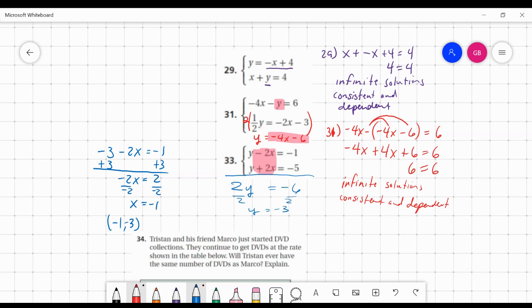We have one solution. This one is independent and consistent.